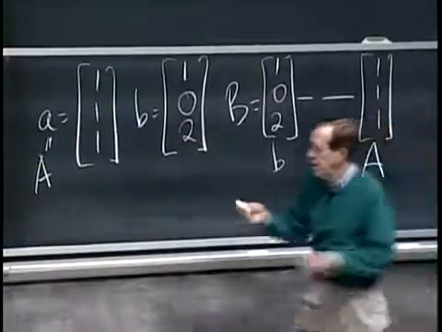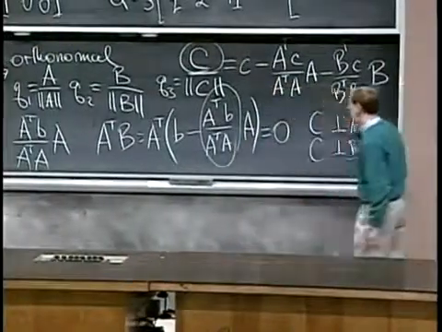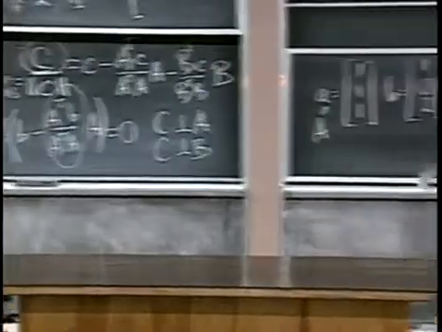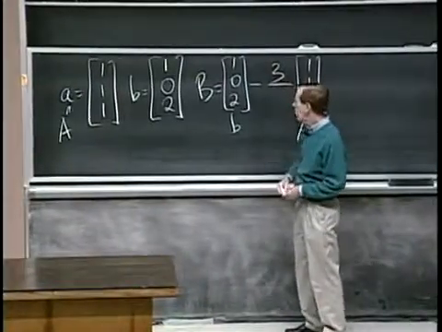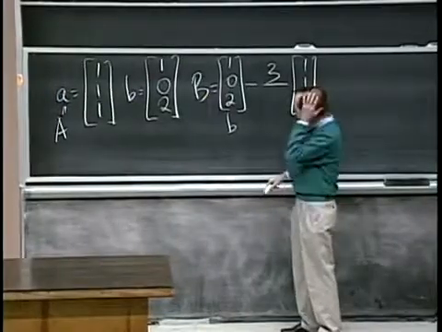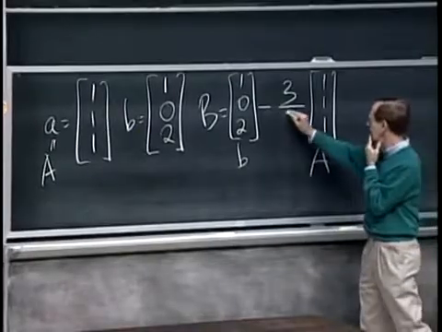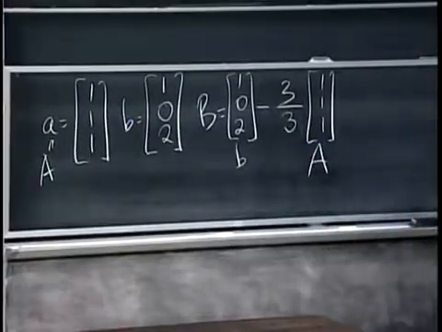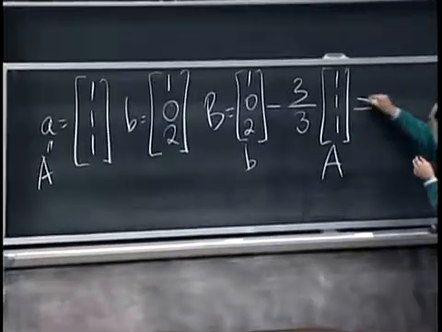Here's my ratio. So it's A transpose B. What is A transpose B? It looks like 3. And what's A transpose A? 3. I'm sorry, I didn't know that was going to happen. Okay, but it happened.